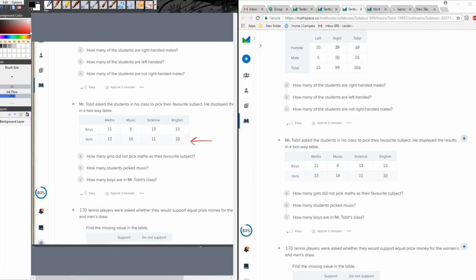So we want the girls, but we do not want maths. So you can see we're left with 18, 11, and 10. So we would add them together. That would be 39, because 18 plus 11 plus 10.